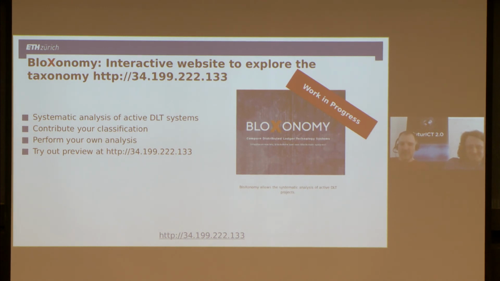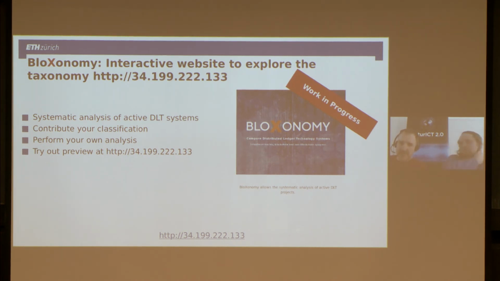So I want to extend a second invitation, actually. The first would be to have a look at the paper. It's on arXiv in version 2. We are very happy to receive any kind of feedback you may have. We realize it's quite abstract and a lot of conceptual thinking is needed to go through such a taxonomy.